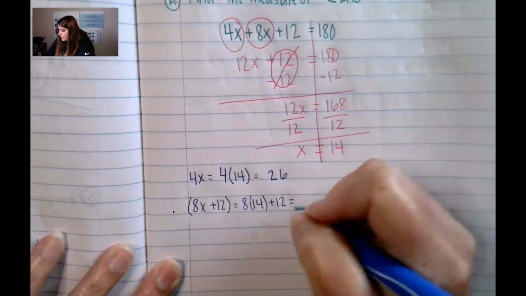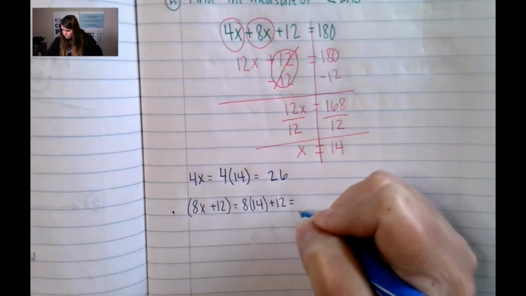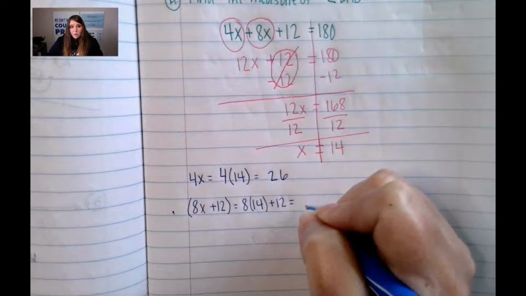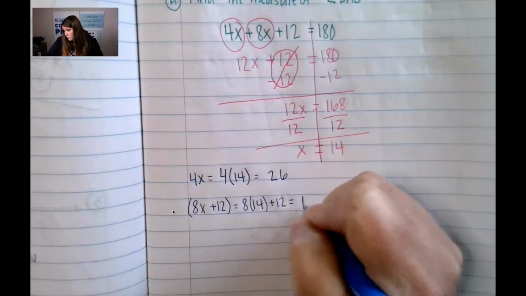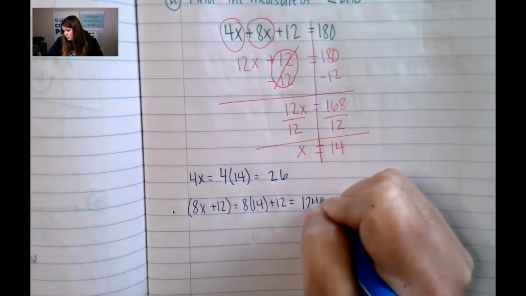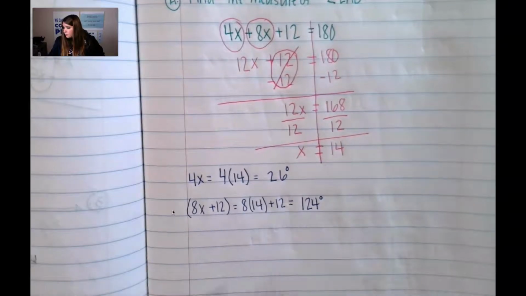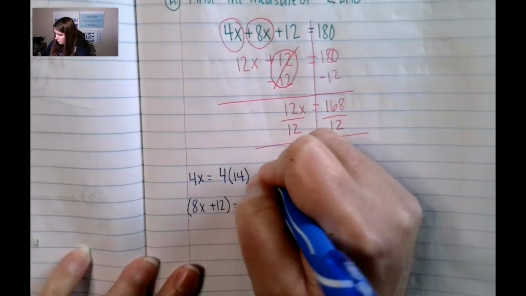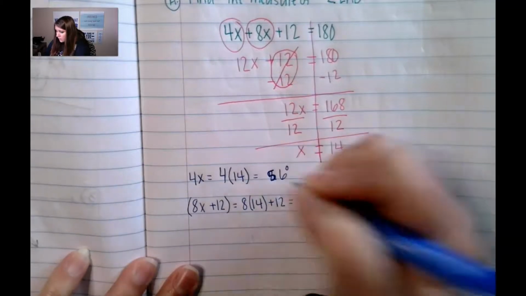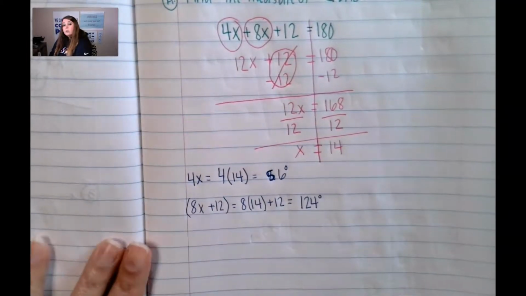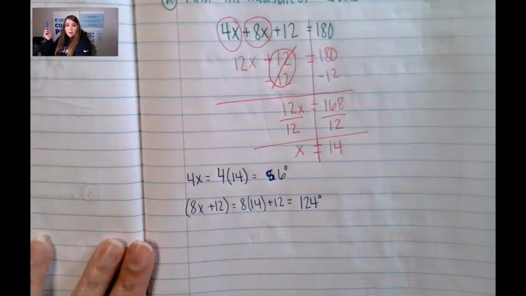And then this one gives me 124 degrees. Okay, so we have two different angles here. Sorry, I have no idea why I put 26. Actually, I do. My son was bouncing a ball up above my head, and I was concentrating on that.